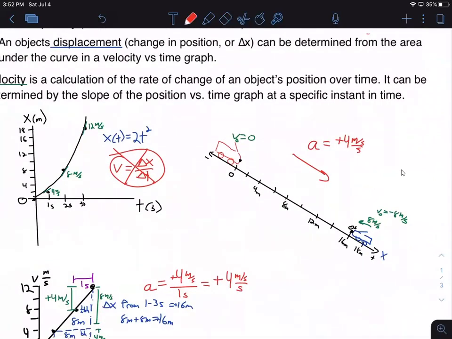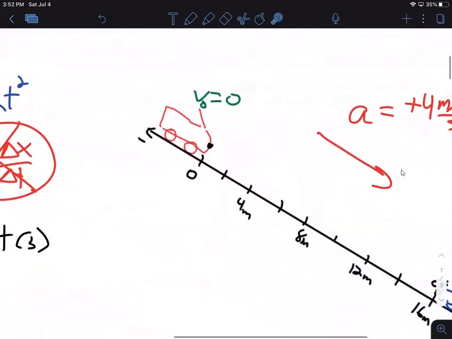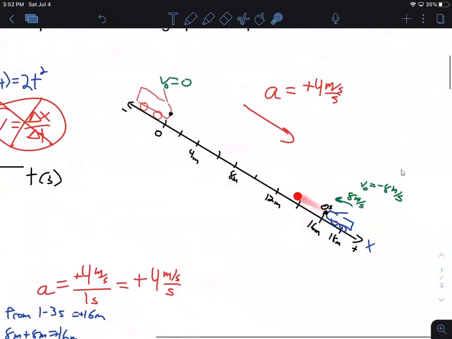That's going to apply to any object on the ramp. It doesn't matter what mass or anything an object has. If it's on the same ramp at the same incline, it'll experience this acceleration. So you can assume the blue buggy or the blue cart also experiences this acceleration of positive 4 meters per second.